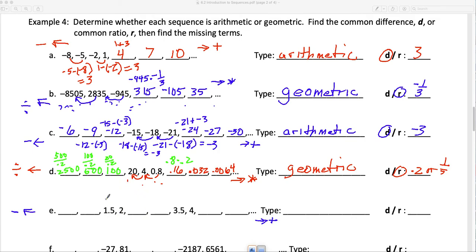All right, so I've got 2 minus 1.5, and that is going to give me 0.5. And I've got to double check it, so I've got 4 minus 3.5, and that's going to give me 0.5. So I have confirmed by doing this twice that this is arithmetic.